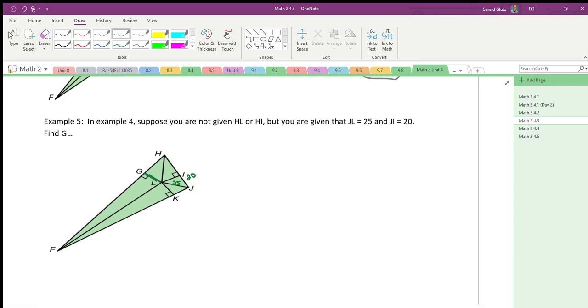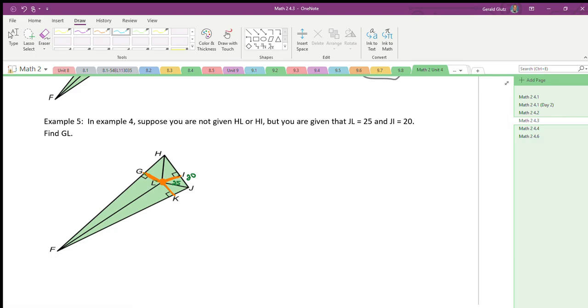GL, LI, and LK are all the same length because this is the incenter, and the incenter is equidistant from each side. So each of these perpendicular lines from the sides are equidistant from this point. If I find any of those lines, I will find GL, since they're all the same as GL.